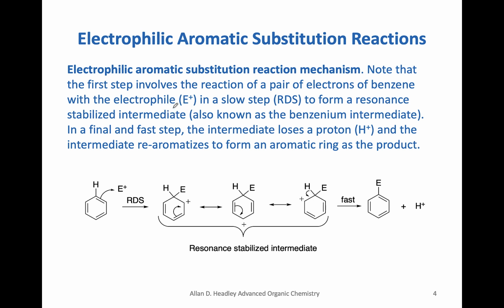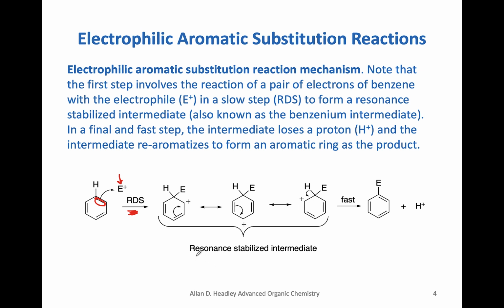The first mechanism here, or the underlying mechanism for the electrophilic aromatic substitution, is shown here, where in the rate determining step, electrons from the benzene ring attack the electrophile, because the electrophile is positive, to create a resonance stabilized intermediate, or the benzenium ion. Notice it's resonance stabilized as shown from these different resonance structures.